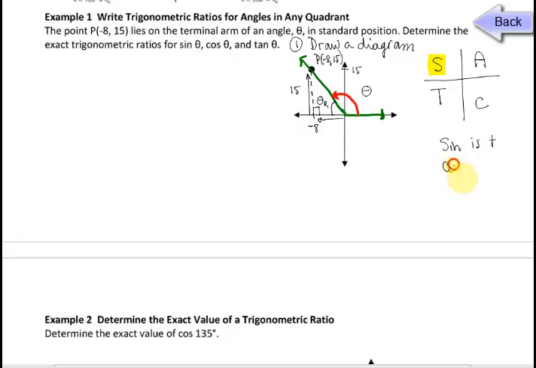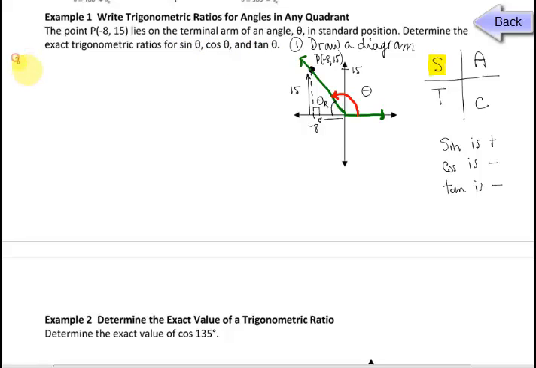The other two will be negative. So when you work out your trig ratios for the angle in standard position that has the point (-8, 15) on the terminal arm, be sure that sine is positive, cos is negative, and tan is negative.